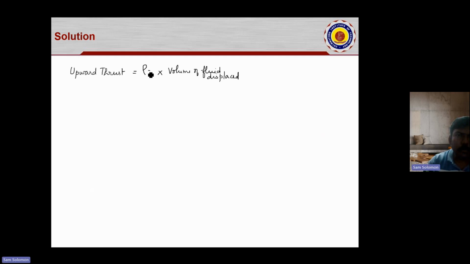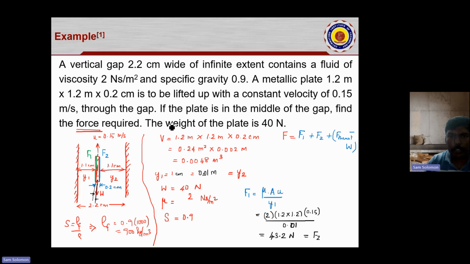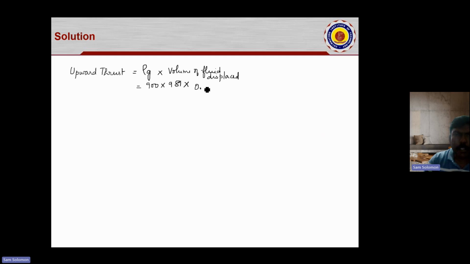So I should include g as well. So this is 900 into 9.81. And in the previous slide, we calculated the volume of the fluid displaced, which is the volume of the plate. So it is 0.0048. And the value of this is going to be equal to 25.43 newtons.